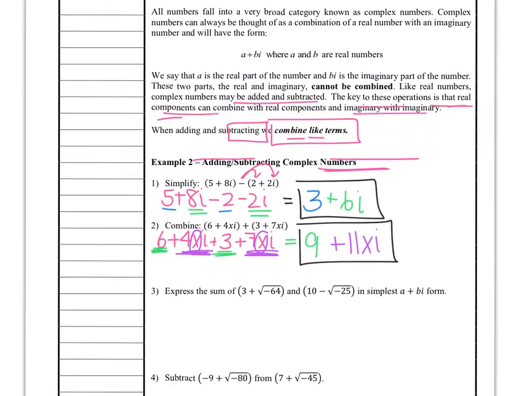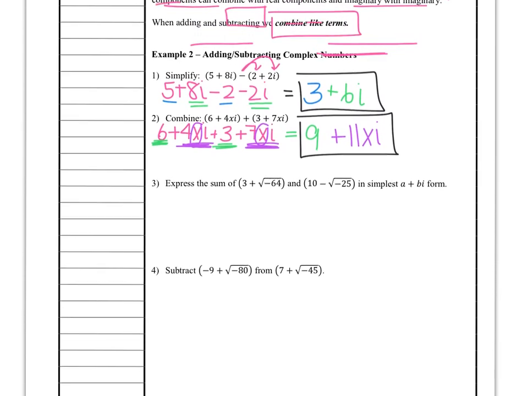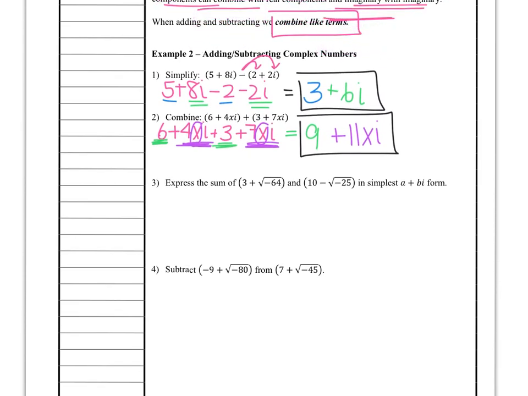Next one, we need to express the sum in simplest a plus bi form. So in order to do this, we've got to first break down those radicals. All right, so I'm going to do this one first. Sum means add, so we have 3 plus. Now, you know the square root of positive 64 is just 8, and then the square root of that negative turns into an i.